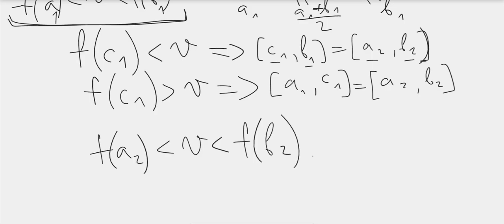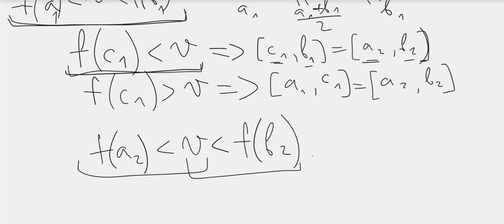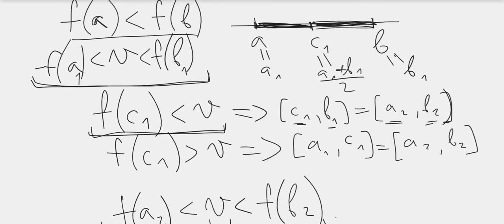Right, because in this case v is greater than f of c1, and c1 we set to a2. So this inequality is exactly this. And the second inequality holds from the previous step, because b1 is equal to b2, so v is less than f of b1.